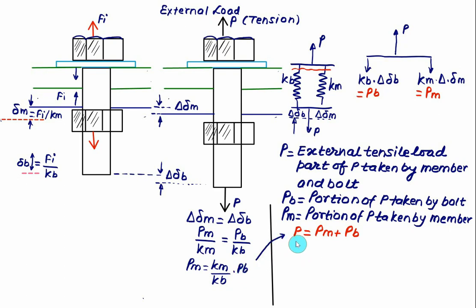In that case we get PM replaced as Km divided by KB multiplied by PB, plus we have PB. PB can be taken common, so we have P is equal to Km plus KB divided by the stiffness of the bolt KB, multiplied by PB, where P is the external load and PB is the portion of the P taken by the bolt.